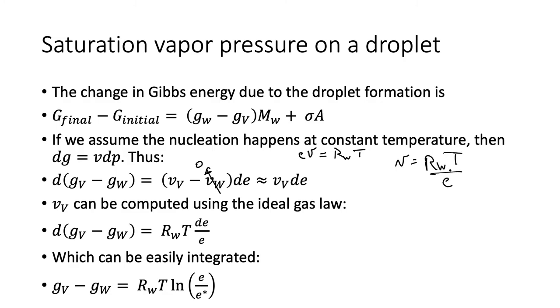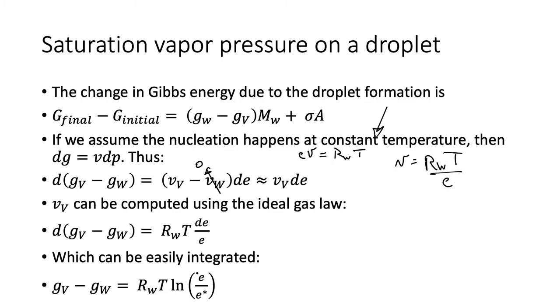RWT over E. And so you plug this back in, and you have the differential between these two is simply RWT dE over E. But now we're assuming T doesn't change, right? T is constant temperature. So T is unchanged. This is a constant. This can be integrated pretty easily. This just gives back GV minus GW, difference in specific Gibbs energy.